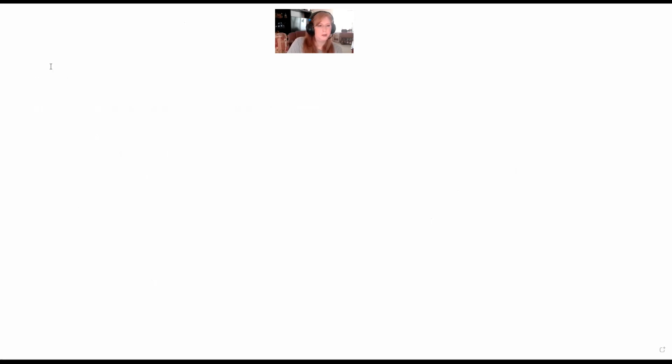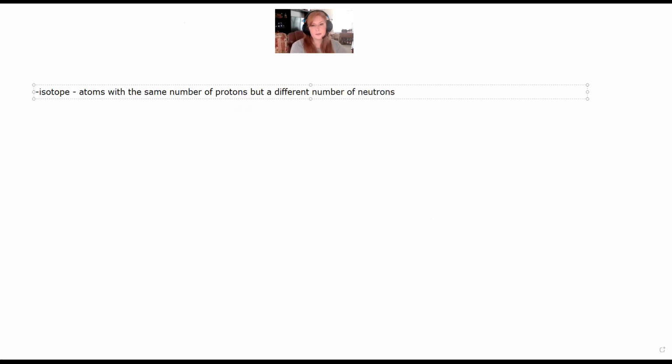Yeah, let's start with typing. All right, so isotope. Isotopes are atoms with the same number of protons, different number of neutrons.